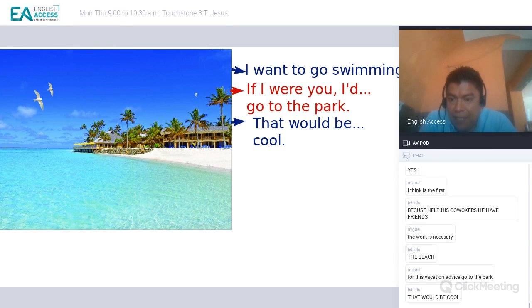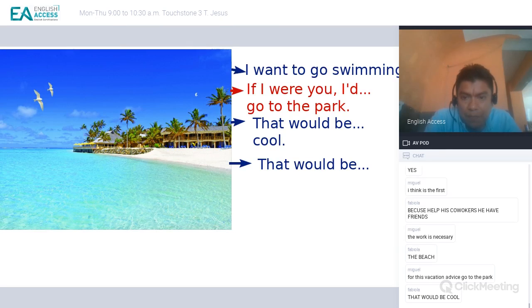Perfect. What if it was a bad idea? What would you say if it was a bad idea? That would be, if it was a bad idea, we can say something like boring.